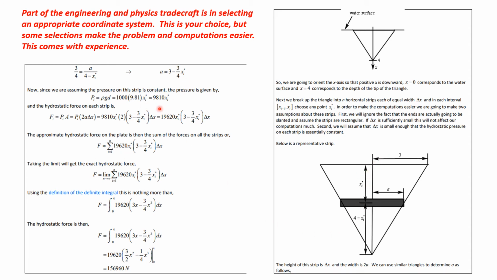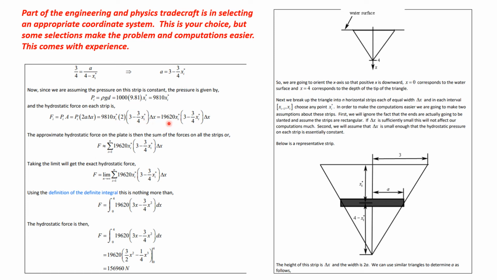And so if you multiply all those numbers together, you get this. And so the force is the pressure in that little slice times the area. So that is going to be 2a. You get 2a because you go from minus a to a the way I chose the coordinate system, times delta x. So this is going to be that number times 2, this is what I found a to be, and that's delta x.